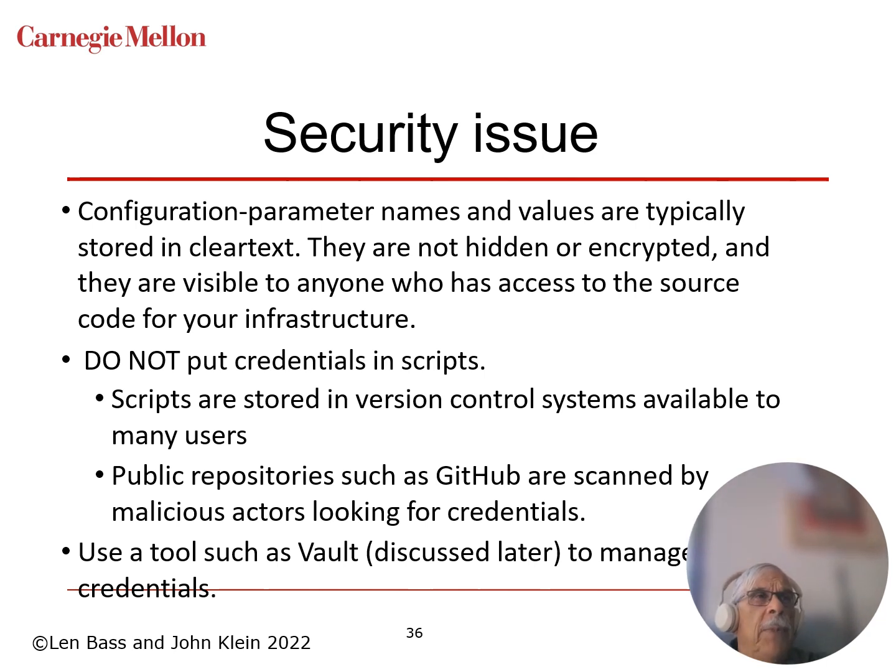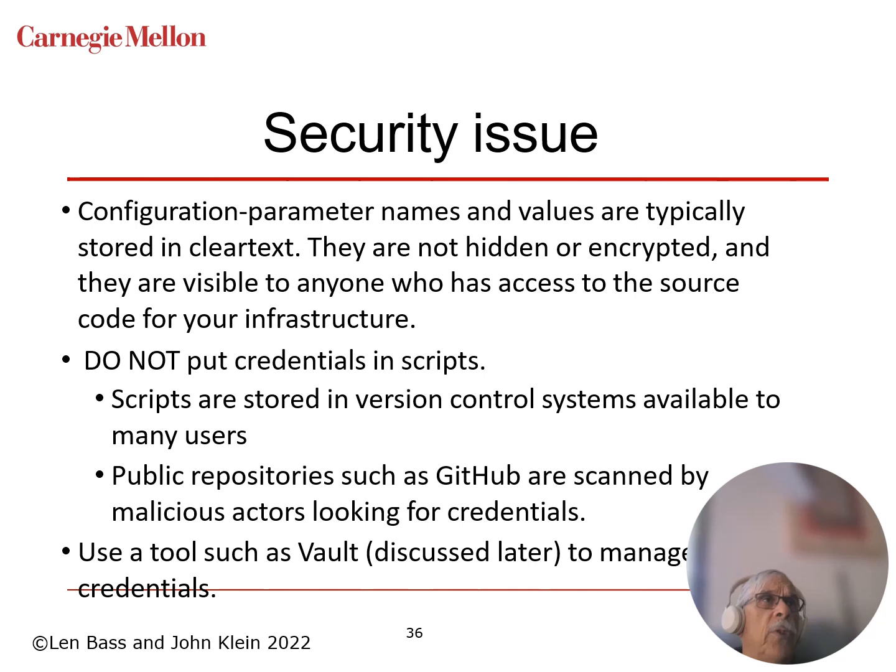Somebody did an experiment where they put username, password in GitHub, and I think it took 10 minutes before somebody accessed it. And then GitHub sends you a nastygram if you do that. So if you call something username, password in a script, then it's easily recognizable. But in general, you do not want to put security sensitive things, credentials and keys and so on, into configuration parameters.